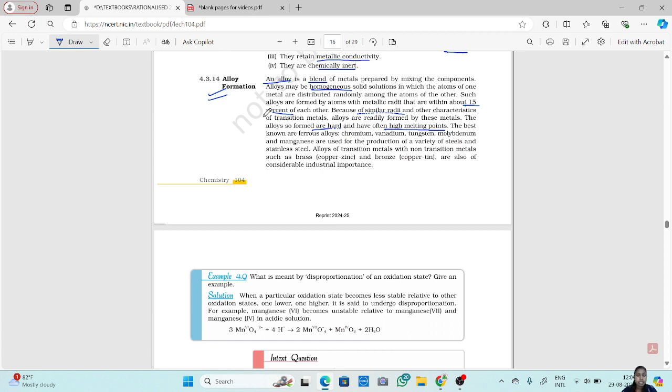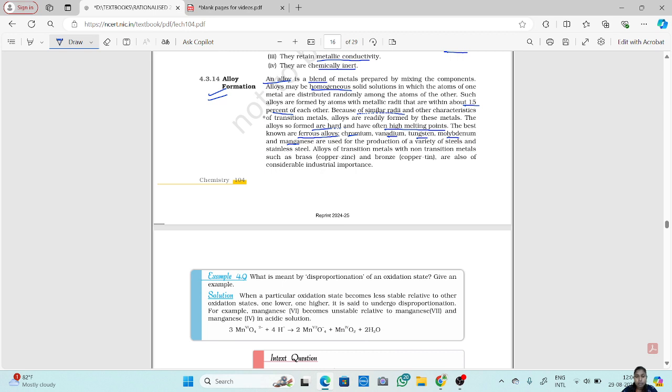The best known are the ferrous alloys, which are made up of chromium, vanadium, tungsten, molybdenum and manganese. These are the metal atoms which are used in the formation of ferrous alloys, used for the production of a variety of steels and stainless steels.